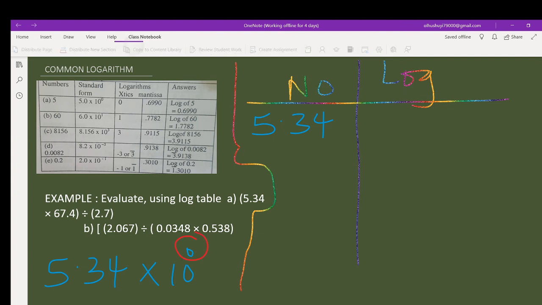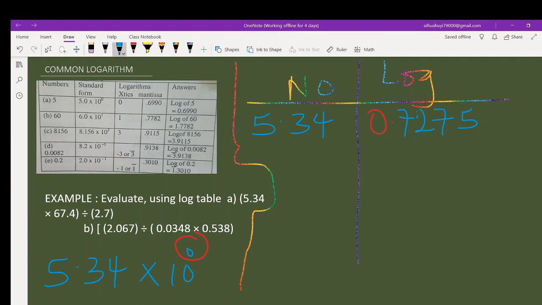Let me use this to write my characteristic. So you have 0 point, then you now check 53 under 4 with the help of your log table. Go and check 53 under 4. 53 under 4 should be 7275. So I'm going to be having 7275. Do you see that?